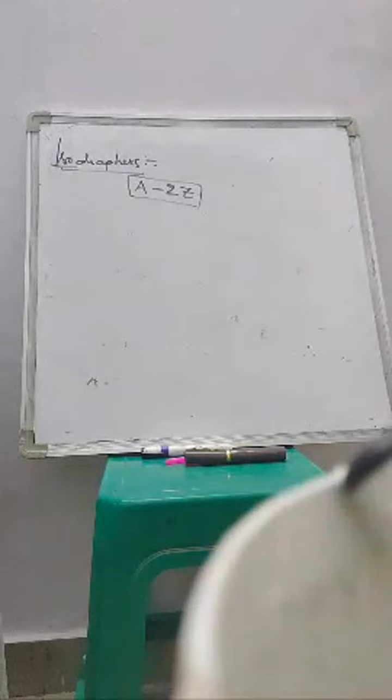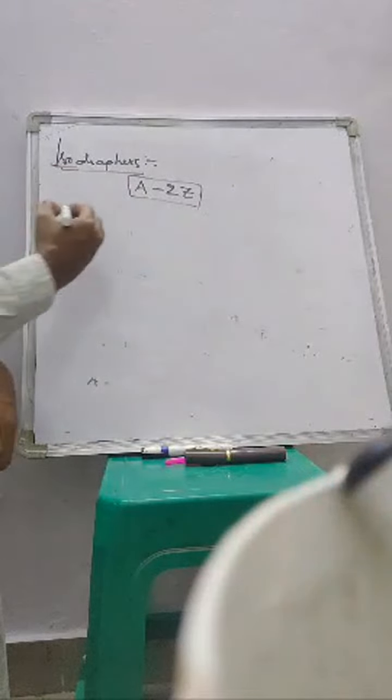Having the same A minus 2Z value is called isodiaphers.